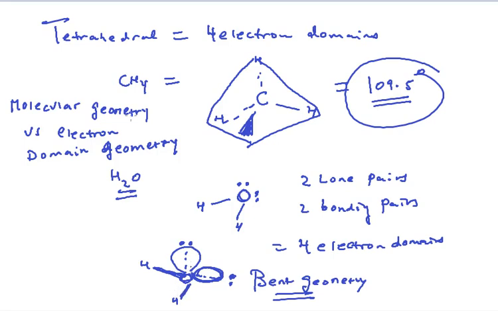In the methane case, the electron domain geometry and the molecular geometry are the same: tetrahedral. But in the case of water, the electron domain geometry is tetrahedral, while the molecular geometry is bent. I would like to make this point clear to you.